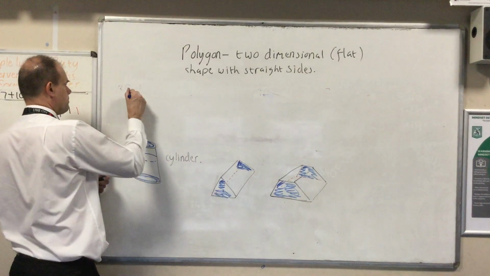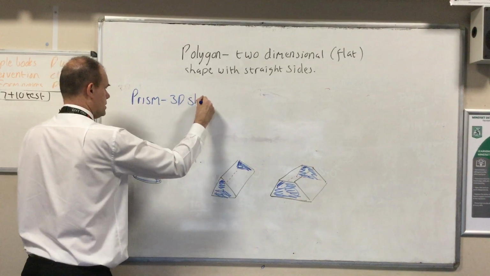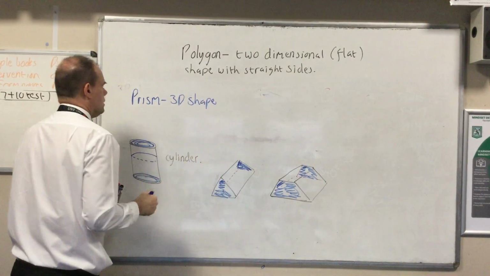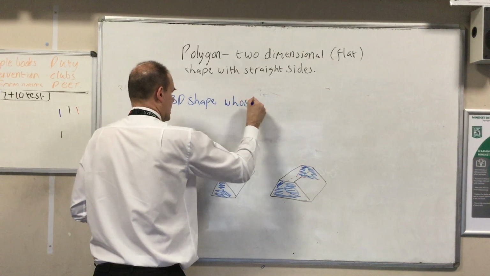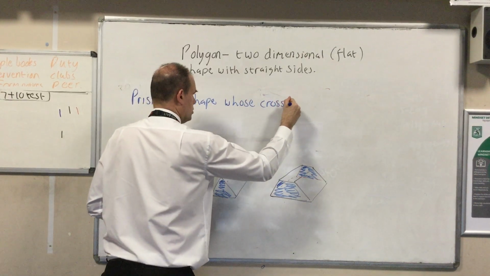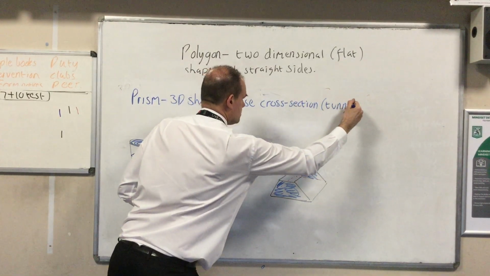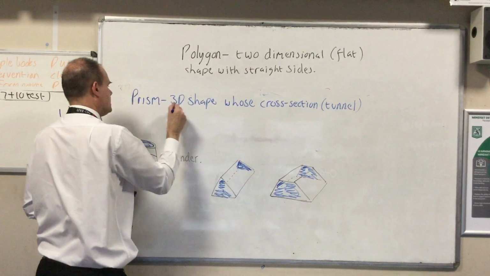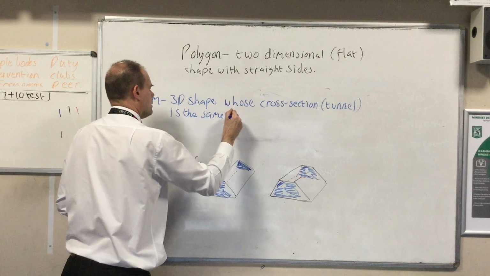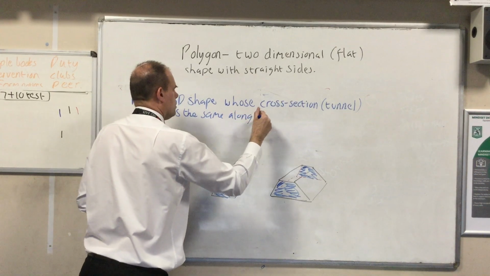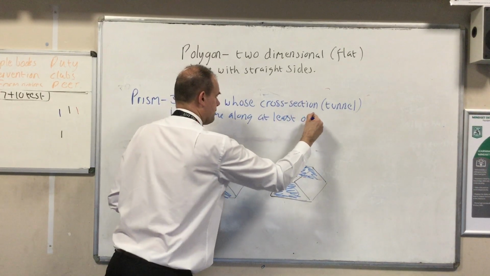So a prism is again a 3D shape whose cross section, that's the cut, I call it the tunnel, is the same along at least one length. It doesn't have to be more than one length, but at least one length.